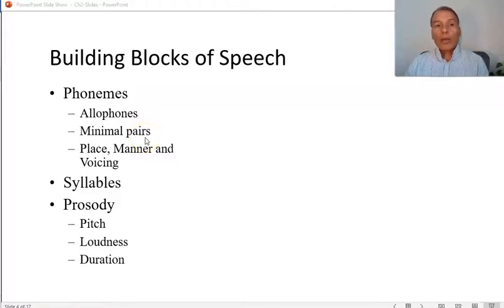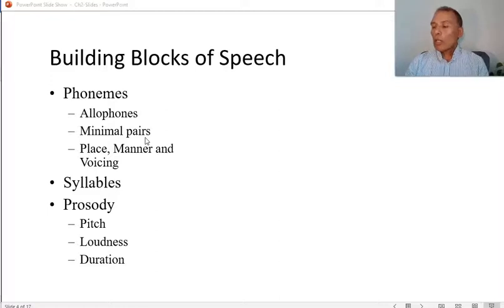Then we have the concept of minimal pairs. Minimal pairs are 2 words that are different only in a single phoneme.